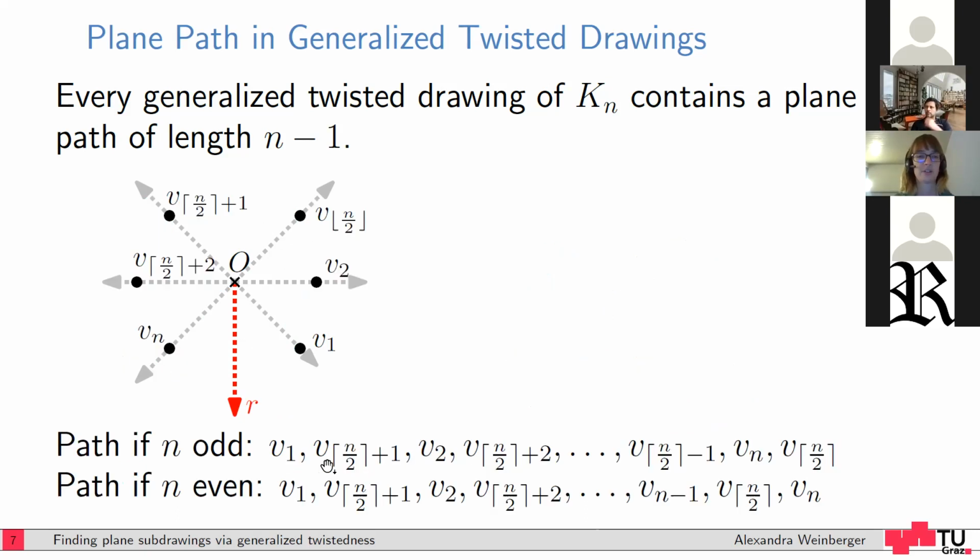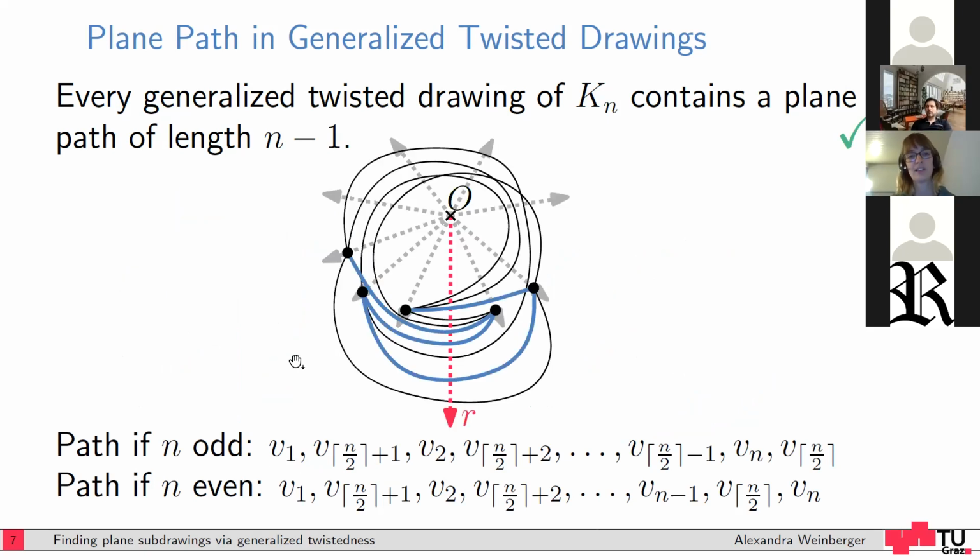So they can't cross because of this property we have just proven. So we have found a plane Hamiltonian path. And it looks a bit like this. We have a zigzag way where we always change sides.